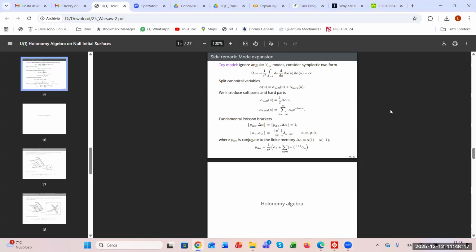So one could say, well, we could stop here, because here we have just harmonic oscillators and some additional Poisson brackets for these zero modes, and one should just quantize these like a Fock space.